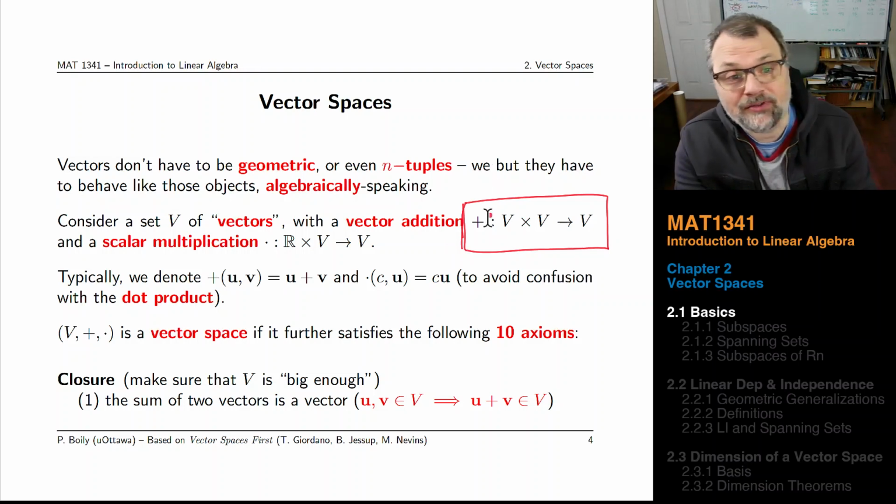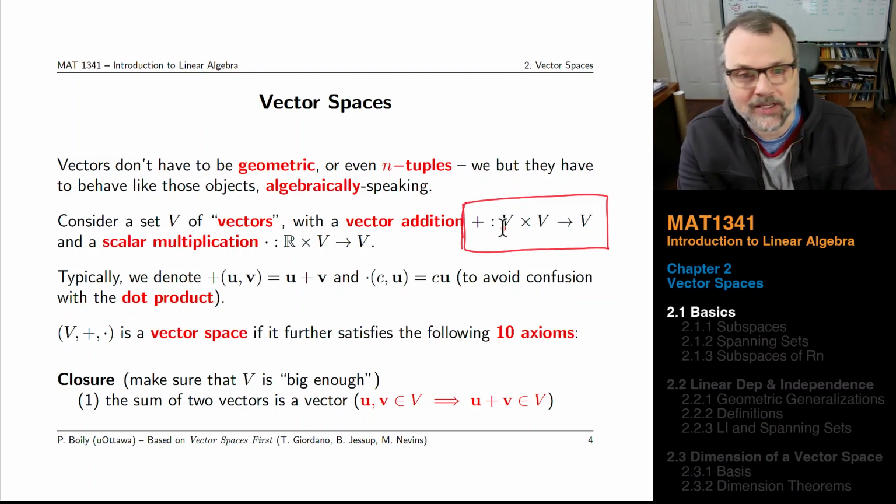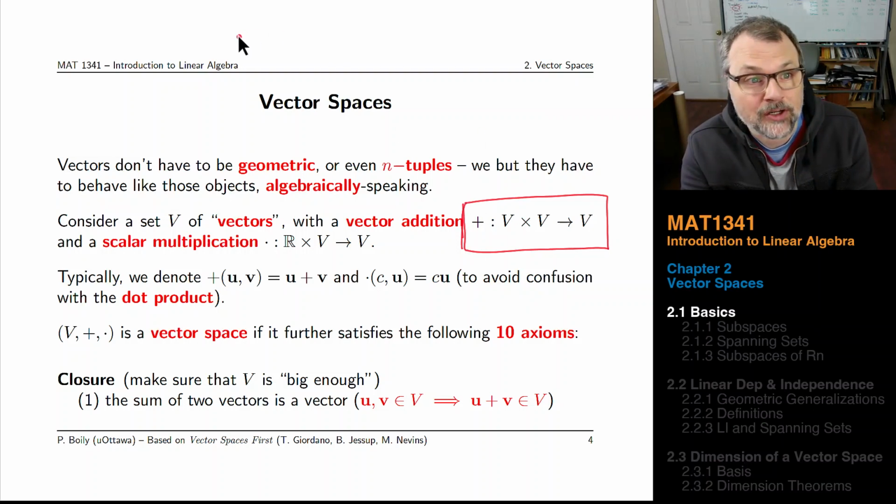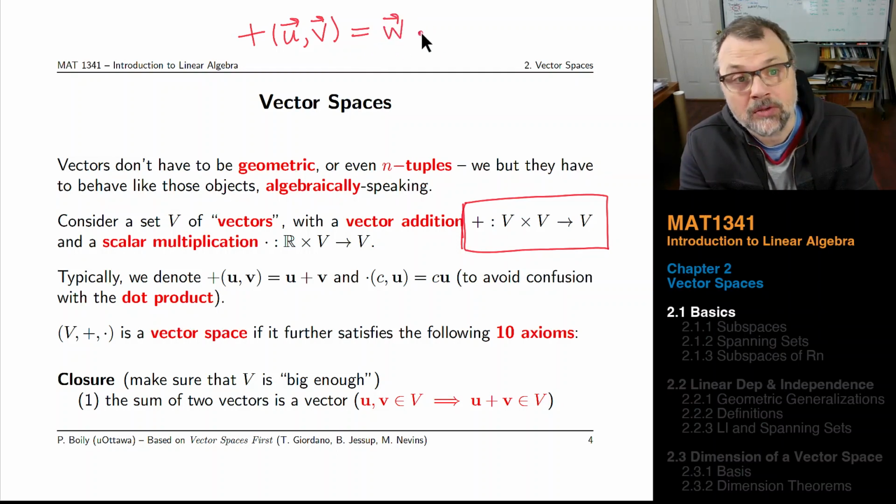We say it's a function from V cross V into V. This cross is not the cross product. What it's telling us is that plus, whatever this operation here is, takes a vector and a second vector and gives us a third vector, which by abuse of notation we often also write like this.